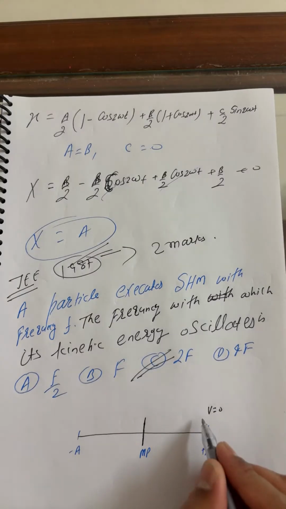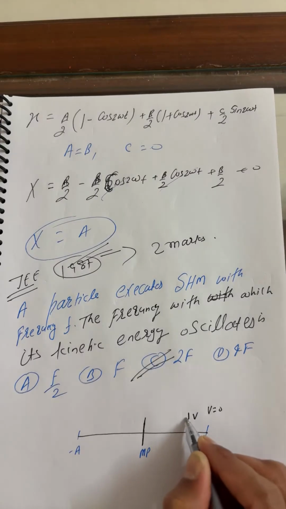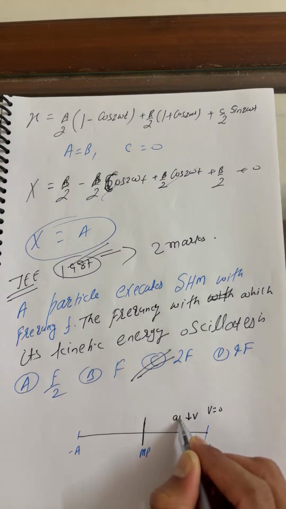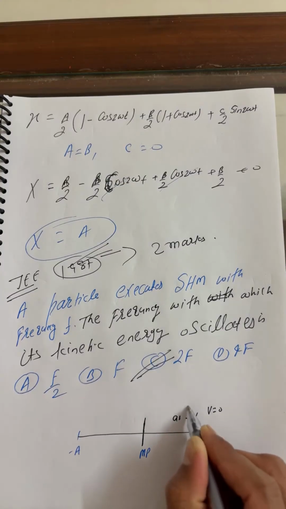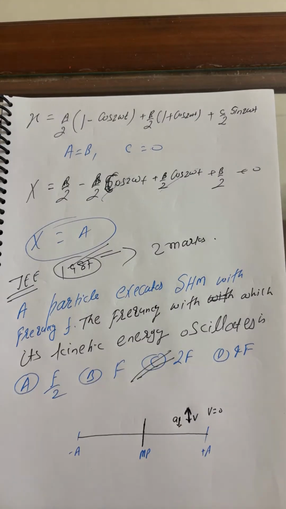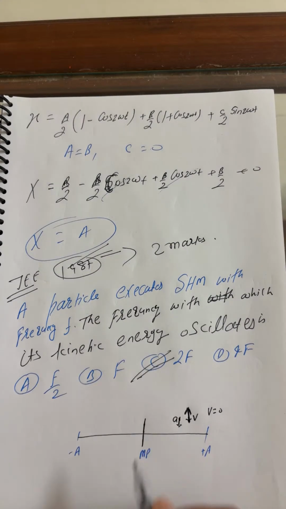Once you release, velocity increases and acceleration decreases. At the mean position, acceleration is minimum, so velocity is maximum.